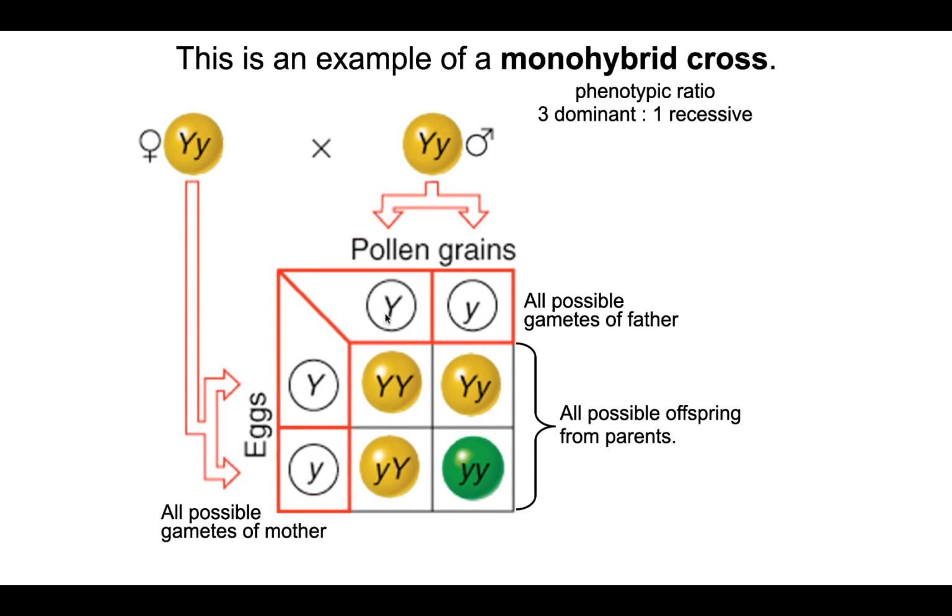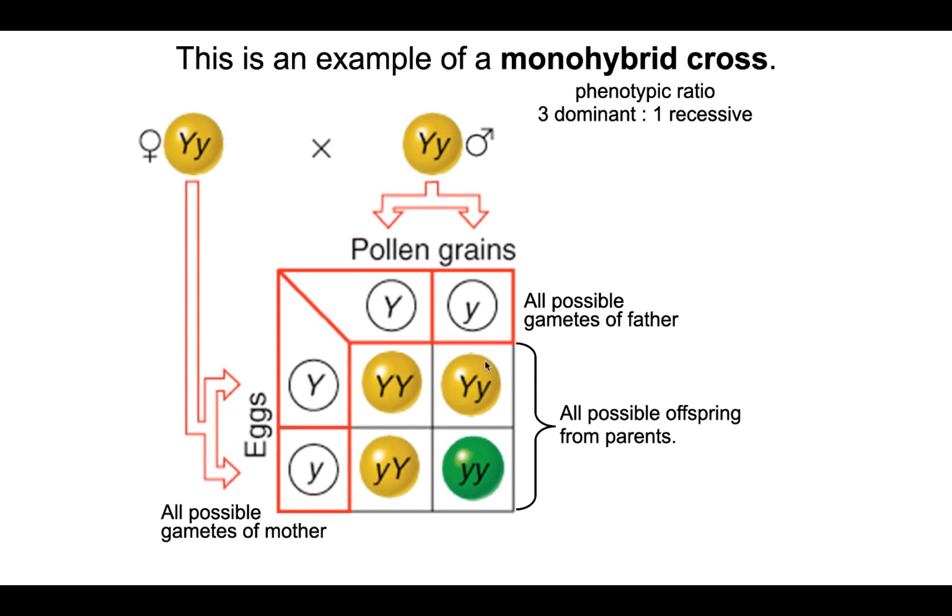And then we just go through and say, okay, if this sperm fertilizes this egg, that's a big Y, big Y. If this sperm fertilizes this egg, it's a big Y, little y. If this sperm fertilizes this egg, it's a big Y, little y. If this sperm fertilizes this egg, it's a little y, little y. So there are all the possible genotypes that can come about from this particular cross.